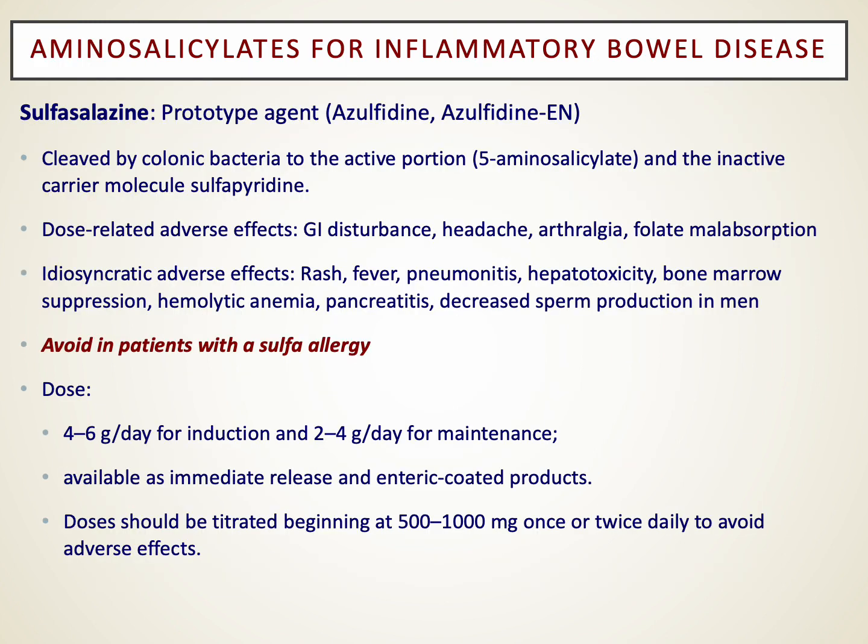So the first oral agents that are used for inflammatory bowel disease are the aminosalicylates. The first of these on the market, or the prototype agent, was sulfasalazine, and this has been around for a number of decades. Sulfasalazine is cleaved by colonic bacteria, and there are two components. There's the aminosalicylate, which is anti-inflammatory, and then there's a sulfa component, which may or may not be considered inactive.